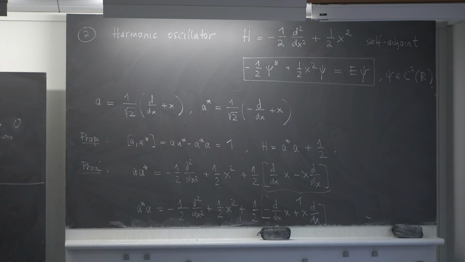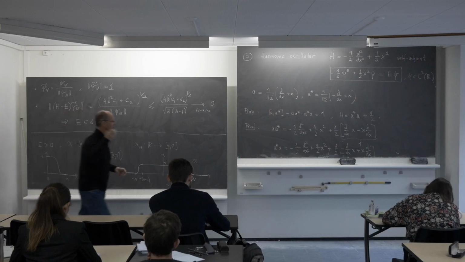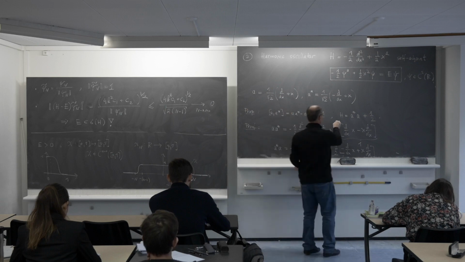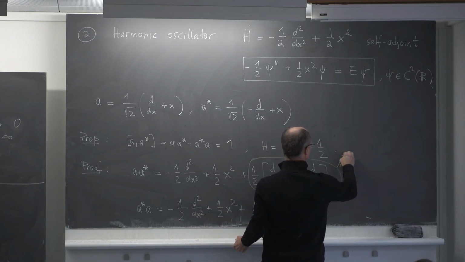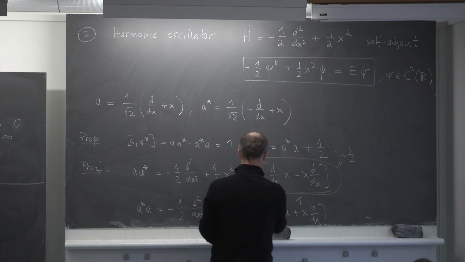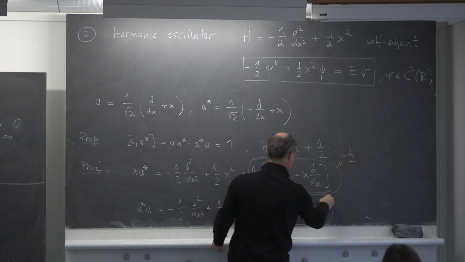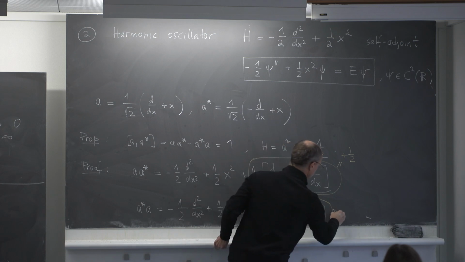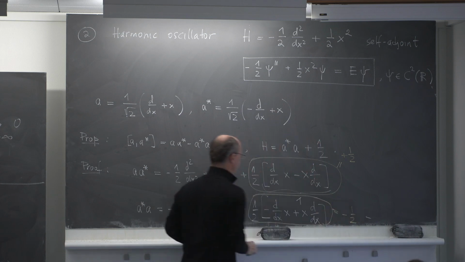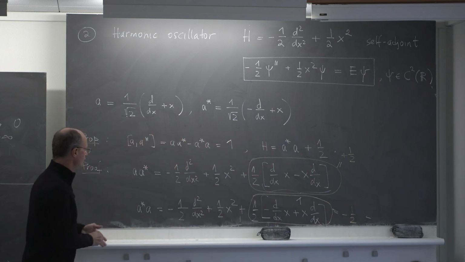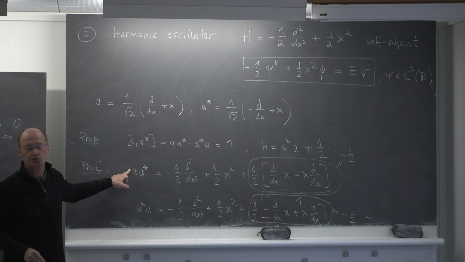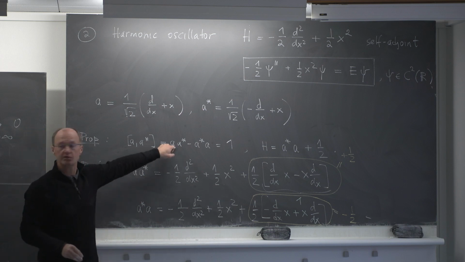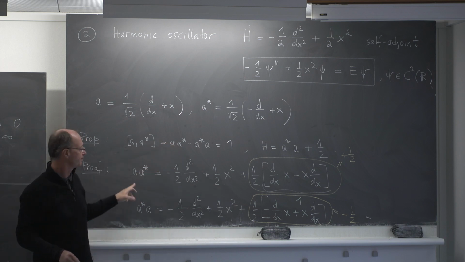So this is all equal to plus 1/2, and all this is equal to minus 1/2. Now the difference between these two expressions is equal to plus 1/2 minus minus 1/2, which is equal to 1, which proves the first equation.